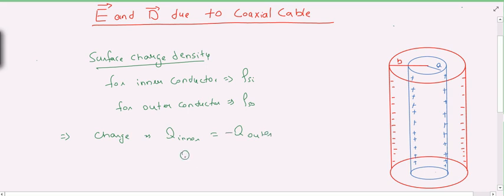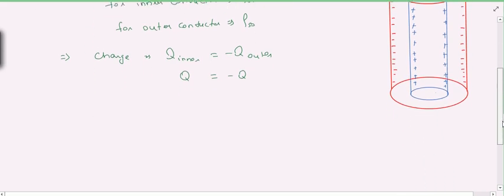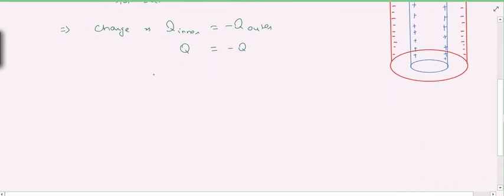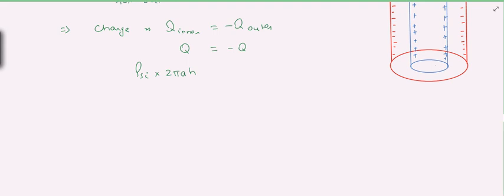So if I take inner charge as q and outer charge as minus q, in terms of their surface charge density I can write: the inner surface charge density into the surface area of the inner conductor, that will be 2 pi radius, that is a, into the height h of this line charge.